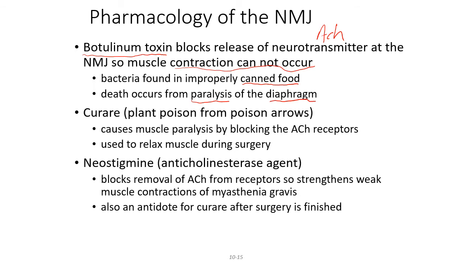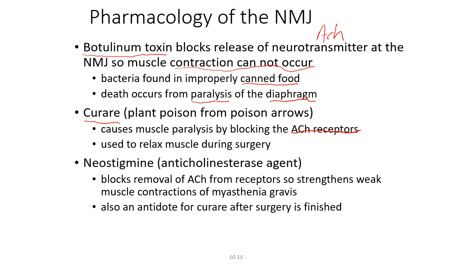Curare is another substance, again, a natural substance. This is the same stuff that is used from essentially poison dart frogs. And so the paralysis occurs here by having the acetylcholine receptors blocked. And so now we get the acetylcholine released.